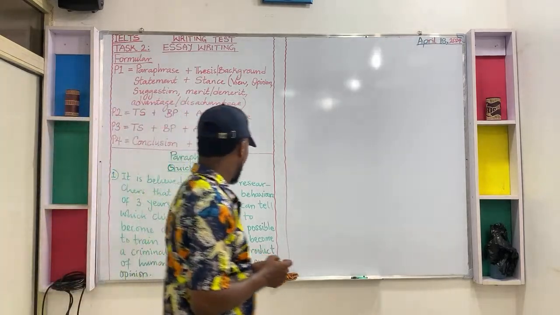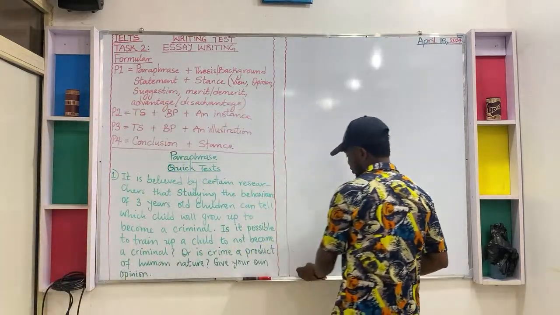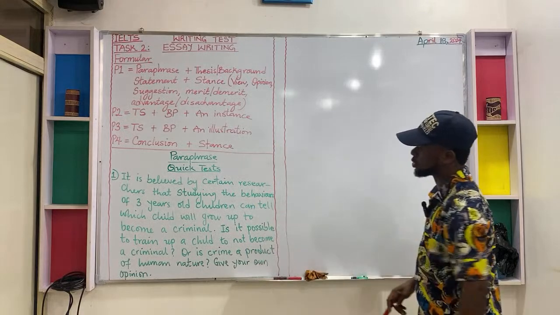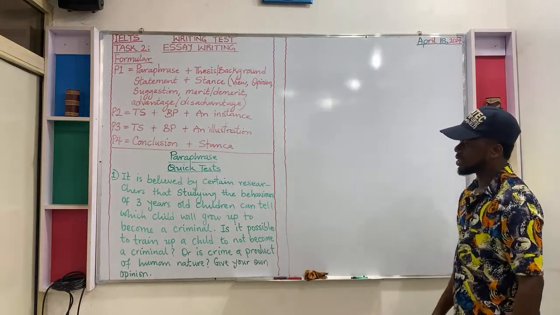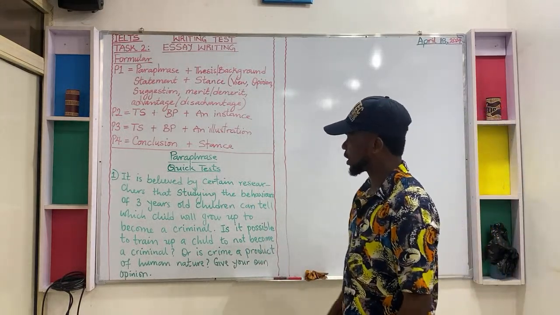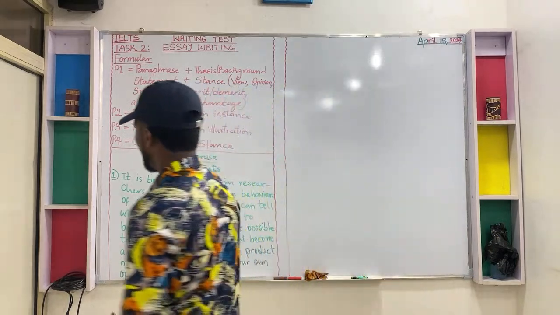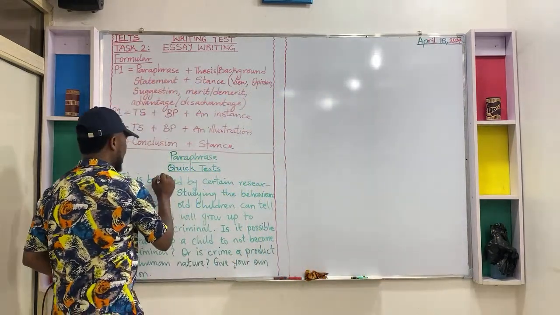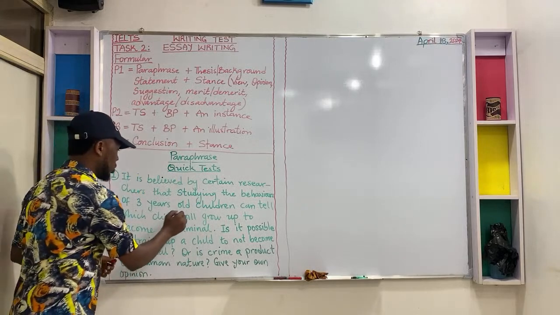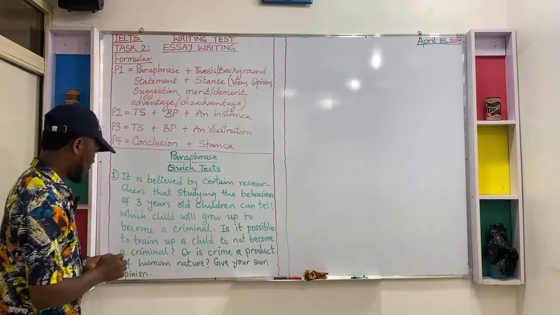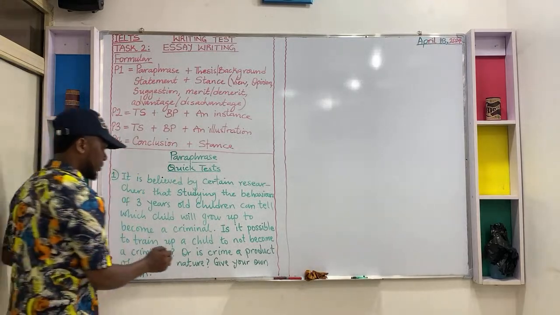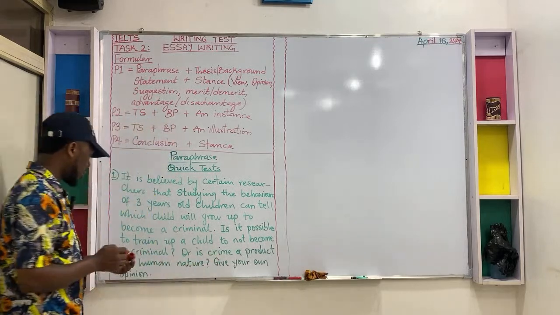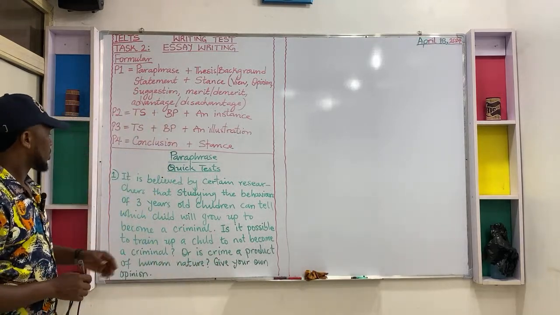Okay, ladies and gentlemen, we have a serious question right here on the board. I don't know if we can all view what is written right here on the board. Okay, so I'm going to read.